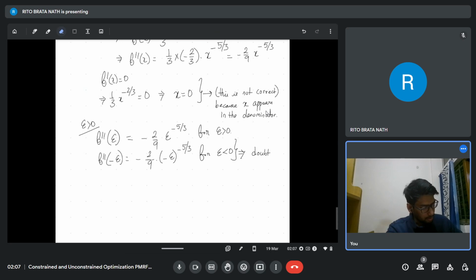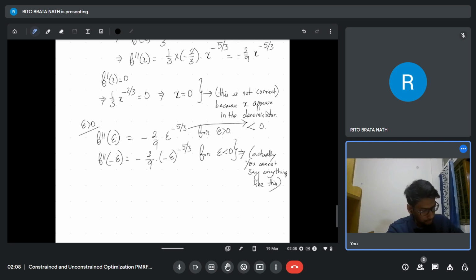Or should I write? Actually, I cannot say anything like this. But anyway, for this one, what I have is this value is less than 0, right? And for the other one, it might be greater than 0, but again, it's not convincing.